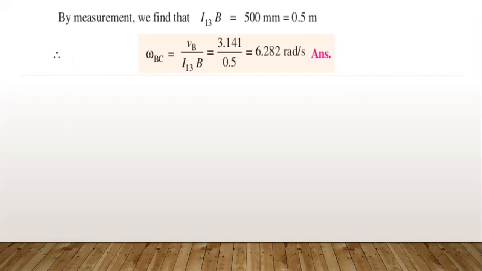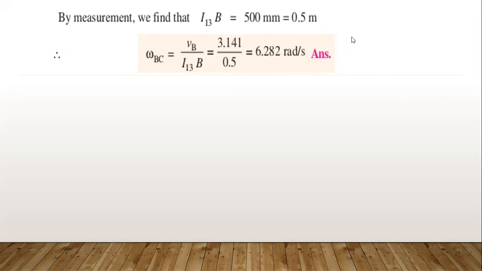Then it is taken as 3.141 divided by 0.5, which gives 6.282 radians per second.